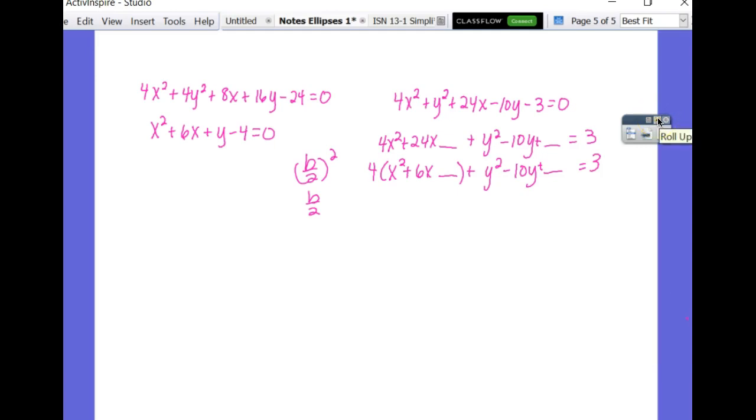So when I complete the square, we're going to do b over 2 squared. So that's 6 divided by 2, and that gives me 3. 3 squared is 9. But I factored out a 4, so I really added 4 times 9. So I'm going to add 36 over here. Okay? So here, negative 10 divided by 2 is negative 5. Squared gives me 25.